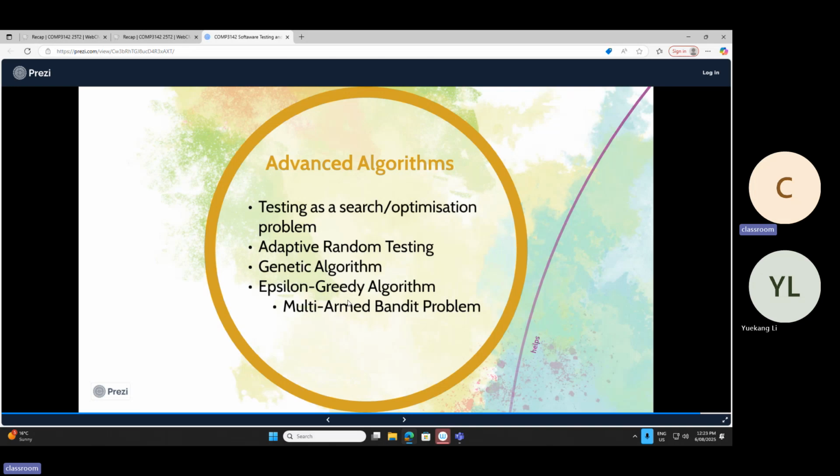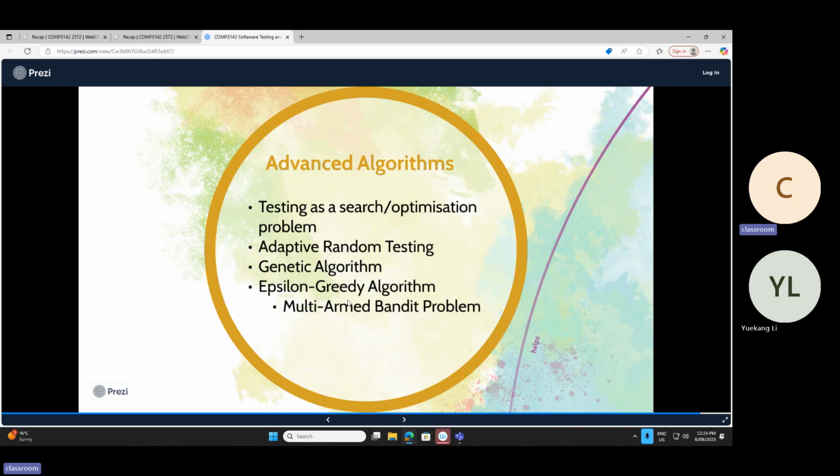That's genetic algorithm. And we also learned the epsilon-greedy algorithm. This epsilon-greedy algorithm is used for dealing with the multi-armed bandit problem. The multi-armed bandit problem is like we have multiple arms in a gambling machine, and by pulling each arm, there is a chance for us to get a reward, right? And we have a limited number of tries for us to pull the arms.